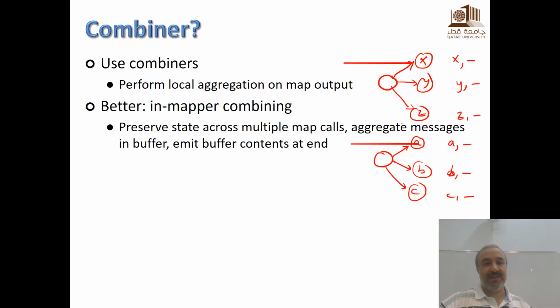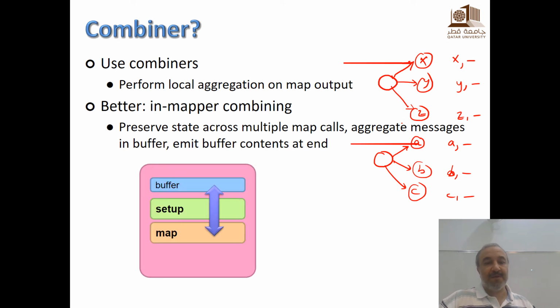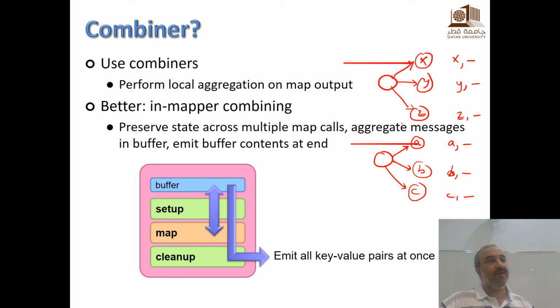Okay, so this is the idea. In-mapper combining will not benefit if there is no local aggregation that can be done. So that's just explaining the idea of in-mapper combining. But we actually need partitioning.